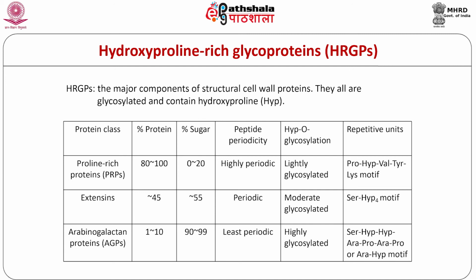Hydroxyproline-rich glycoproteins, that is HRGPs. HRGPs are the major component of structural cell wall proteins. They are all glycosylated and contain hydroxyproline, that is HYP. The table shows the protein class and the details of the different proteins.